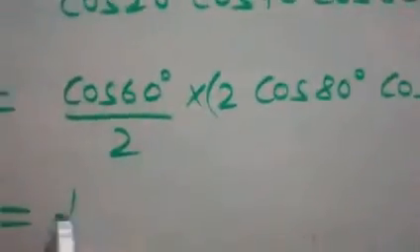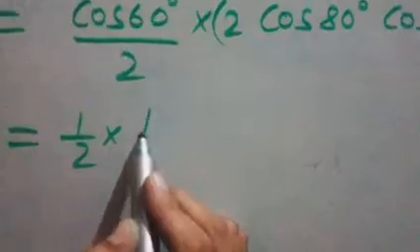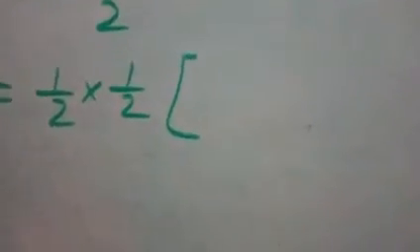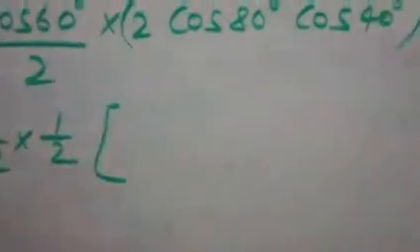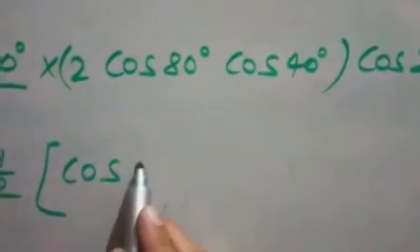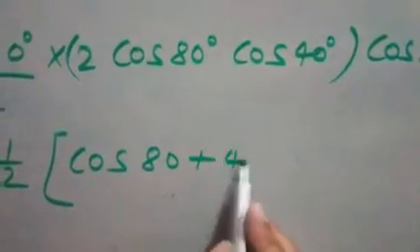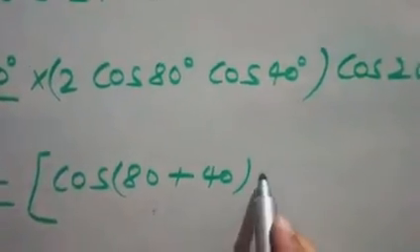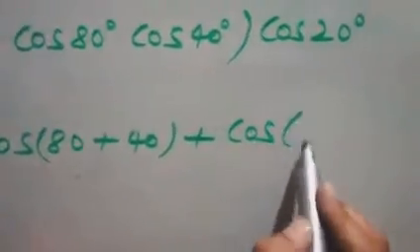Now 1 by 2, the value of cos 60 is also 1 by 2, and here we have to apply the formula of 2 cos A cos B, that is cos (A plus B) plus cos (A minus B).